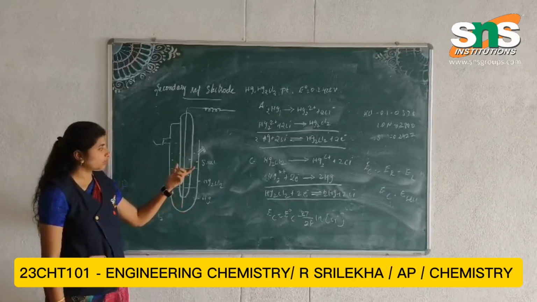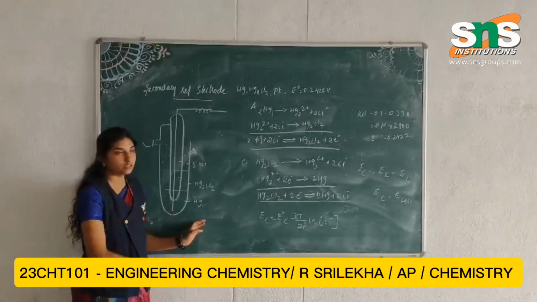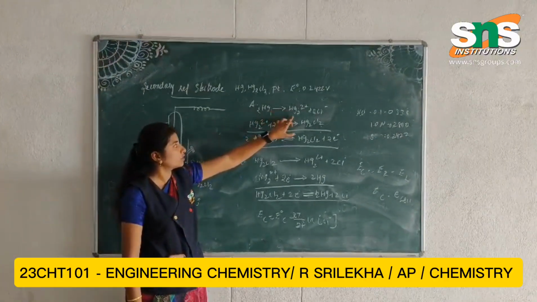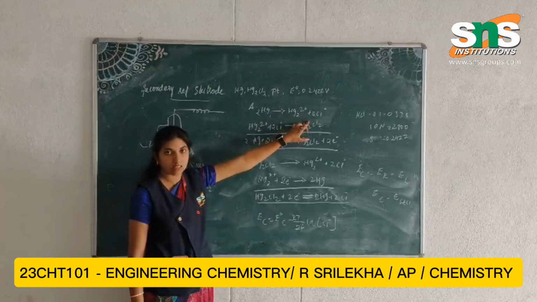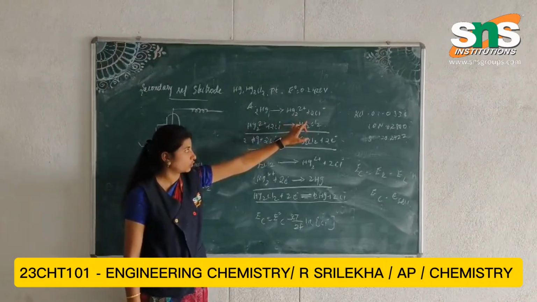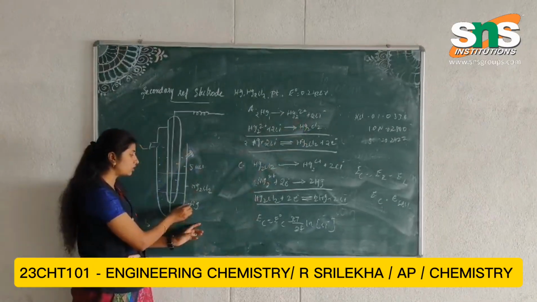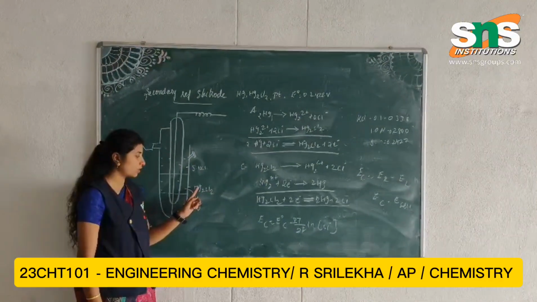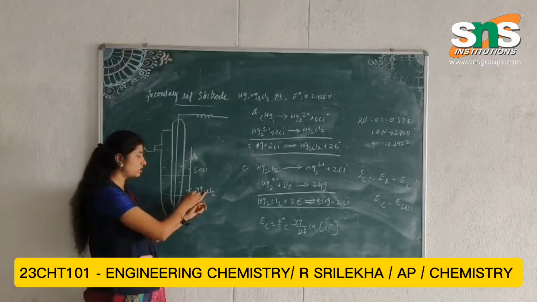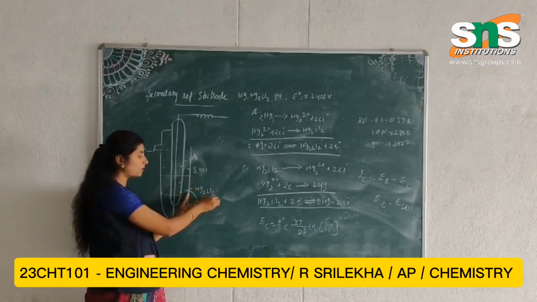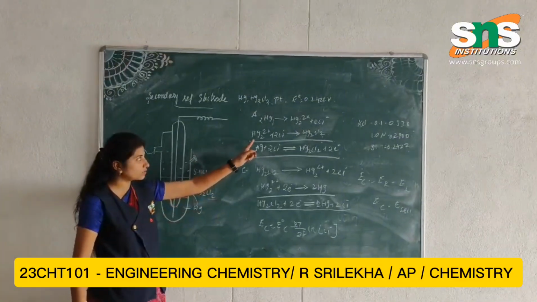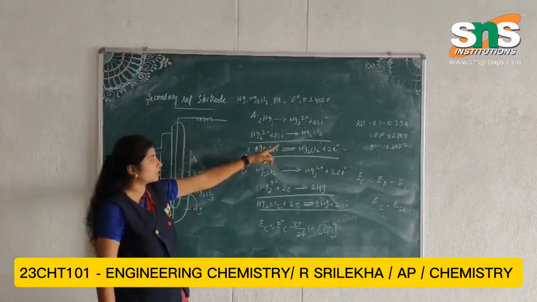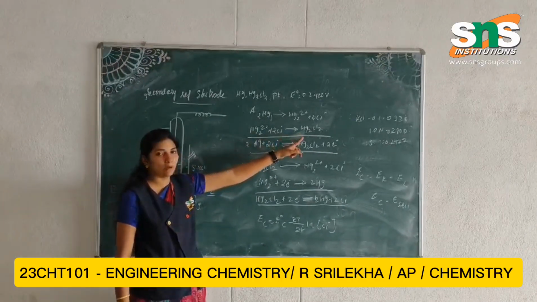In the anode reaction, the metal Hg, as 2Hg, reacts to form Hg2 2+ ions with loss of electrons, and the Hg goes into the solution as Hg2 2+. This Hg2 2+ then reacts with 2Cl minus to form Hg2Cl2.